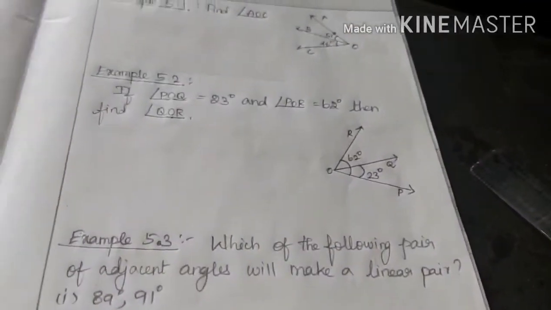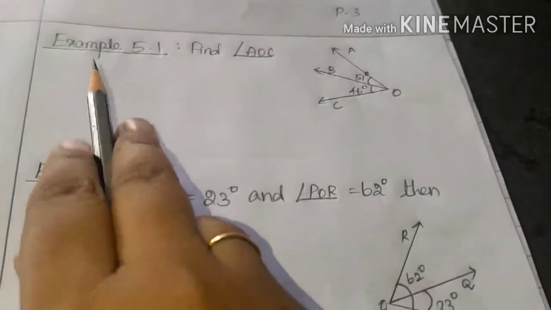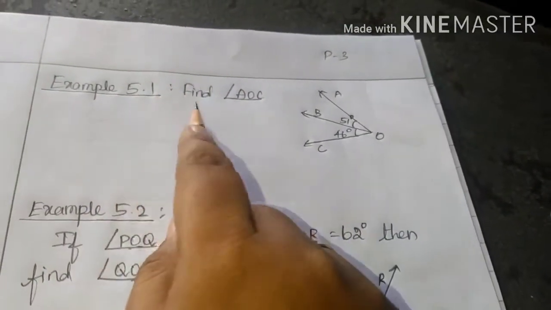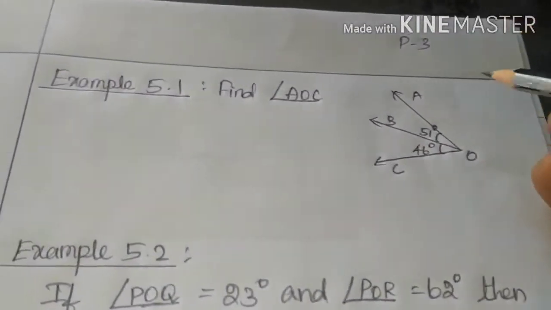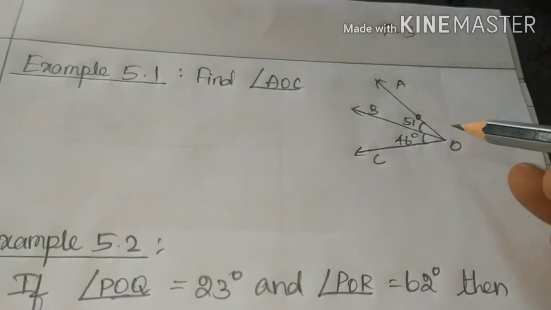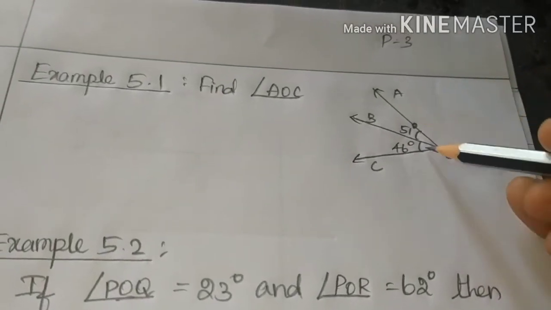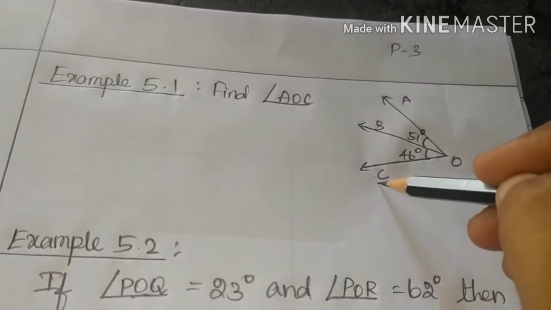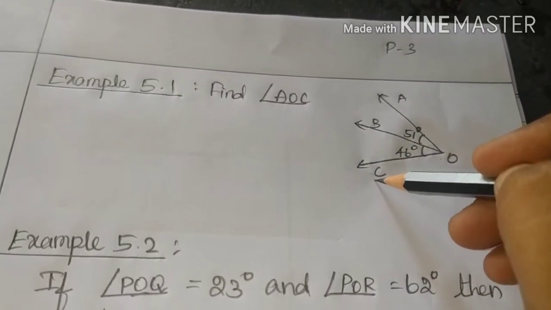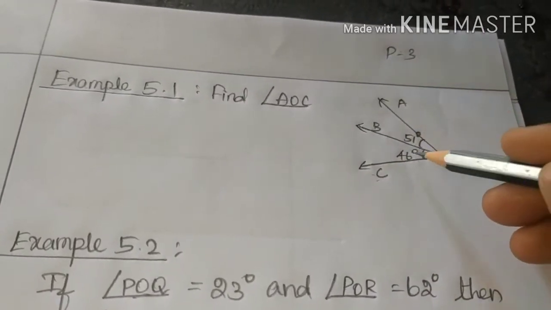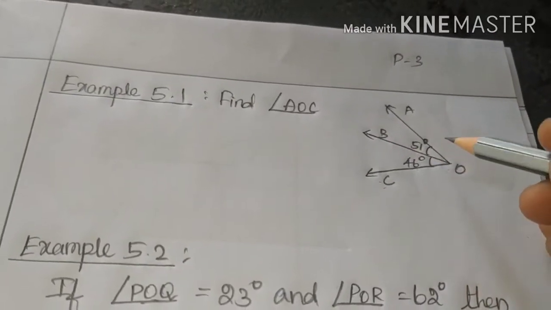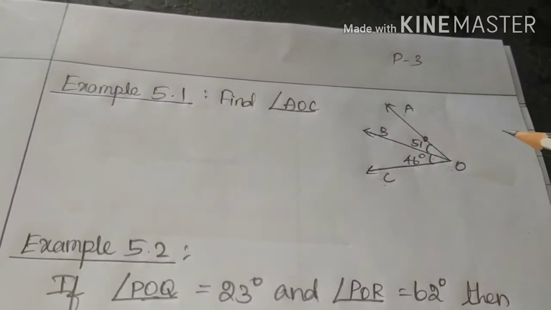Then I'm going to start with example number 5.1. This is page 3, 5.1. Find angle AOC. Children, look at this image. They have given us angle AOC to find. They have given 51 degree and 46 degree, that is COB is 46 degree and BOA is 51 degree.